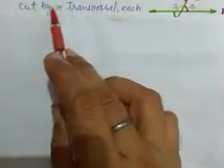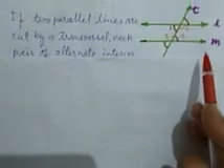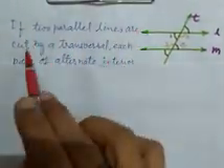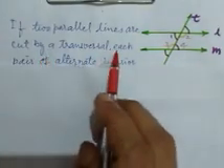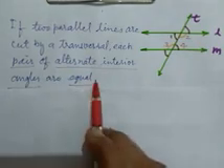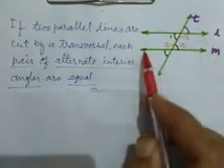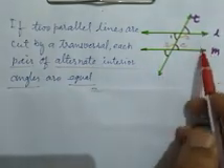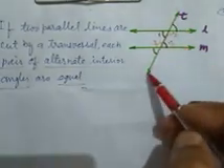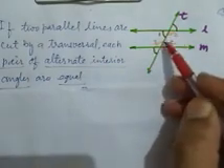Now if two parallel lines are cut by a transversal, each pair of alternate interior angles is equal. Here L and M are two parallel lines, and line T intersects them, that is, cuts them at two distinct points.